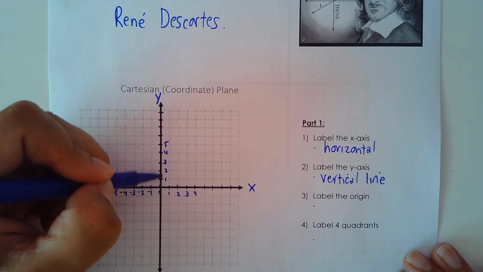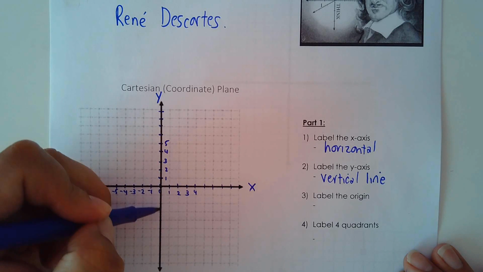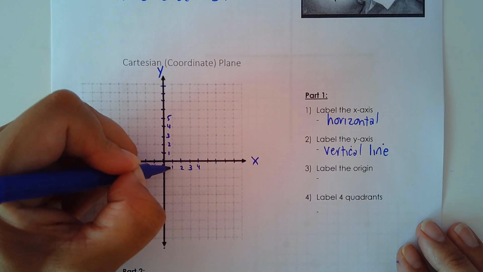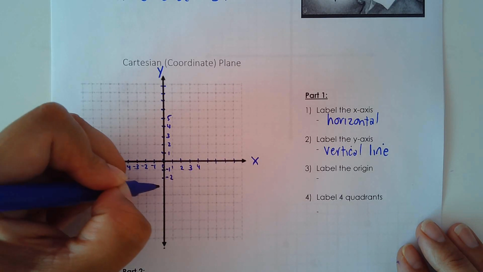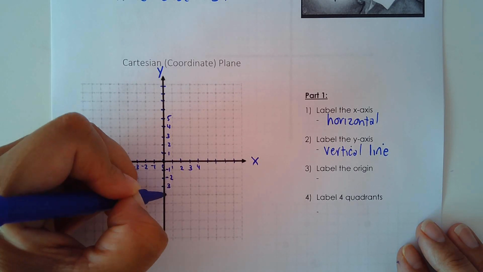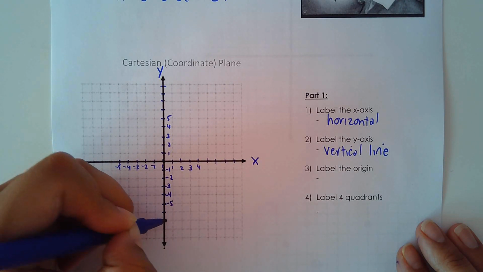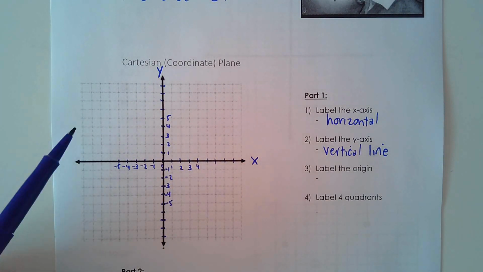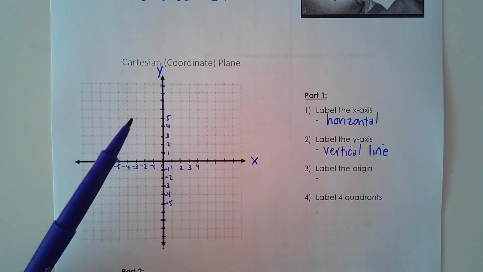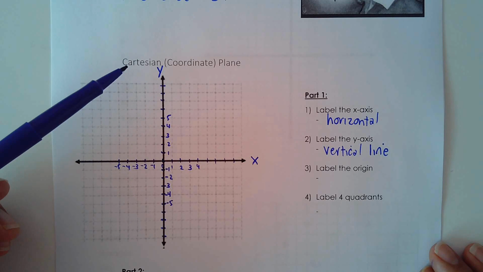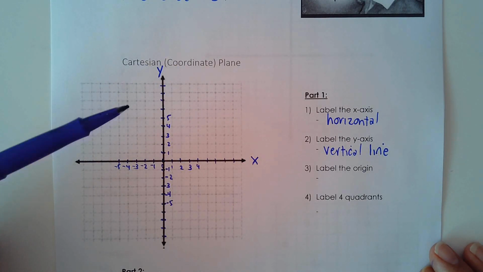So it's going in the positive direction, and then down this way, the y-axis would be going in the negative direction. So -1, -2, -3, -4, etc.